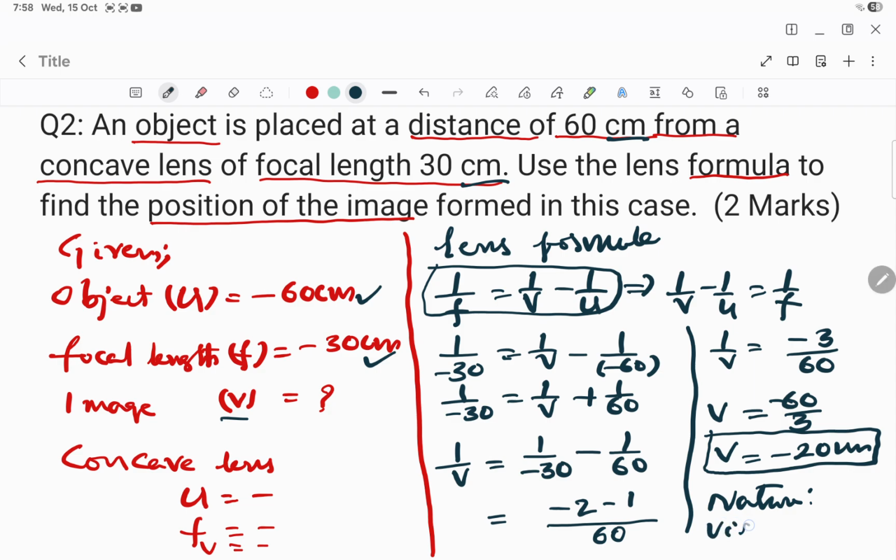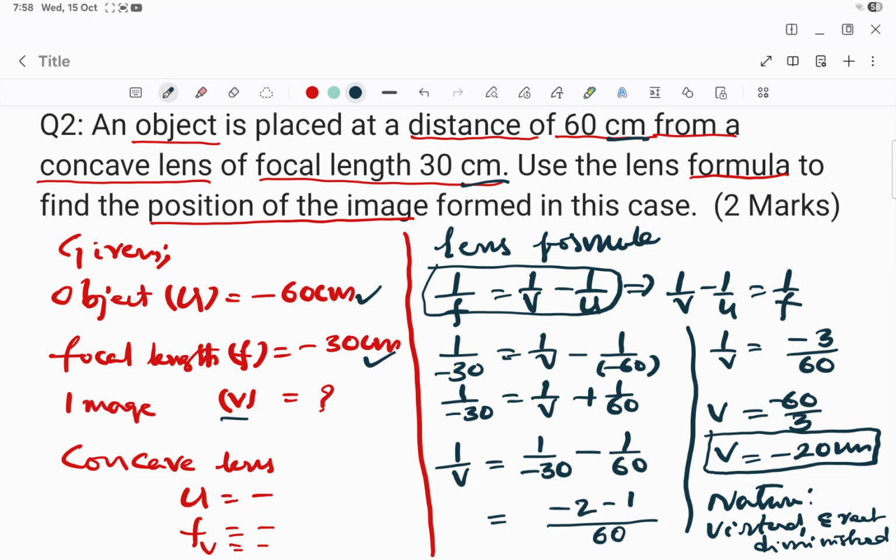A virtual, erect and diminished image is formed.